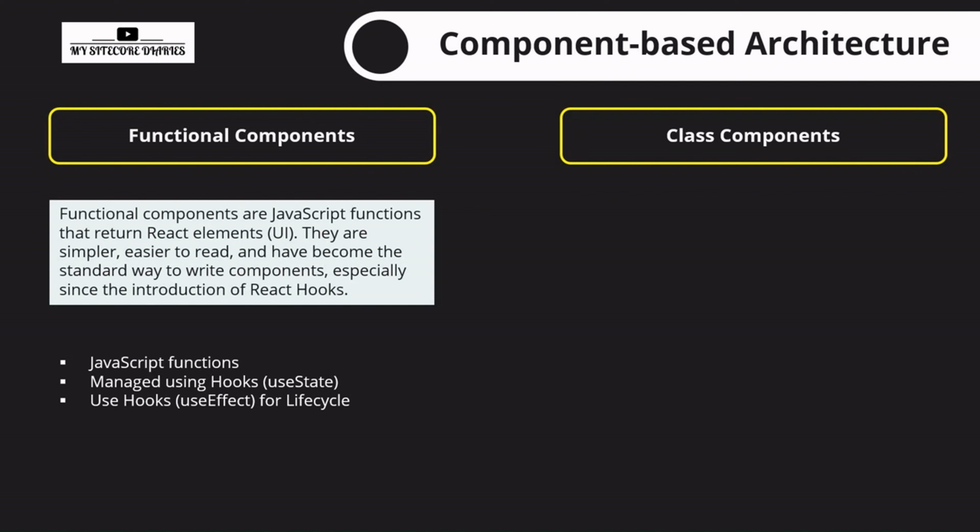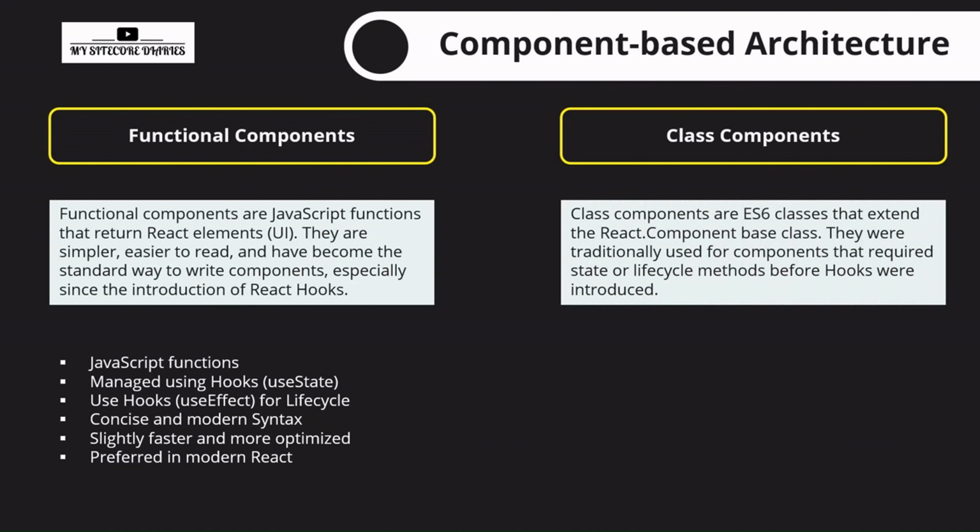Third, lifecycle methods are managed using hooks like useEffect. They offer a concise and modern syntax. They are slightly faster and more optimized compared to class components. They are the preferred choice in modern React development. So you can say functional components are a modern way of writing components in React.